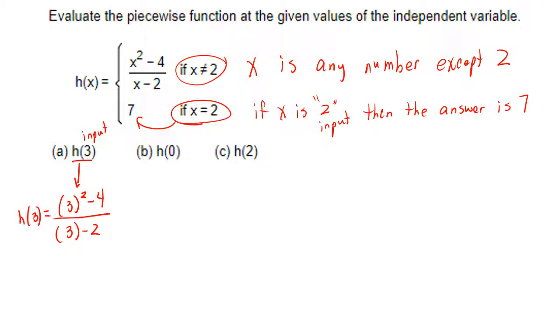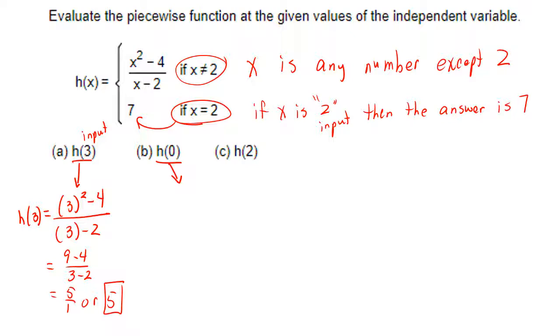I have to work it out because it's not a 2 as my input. Well, that will give me 9 minus 4 and 3 minus 2, which will give me 5 over 1, which is just 5. That is my answer for part A. Part B has an input that is not 2.